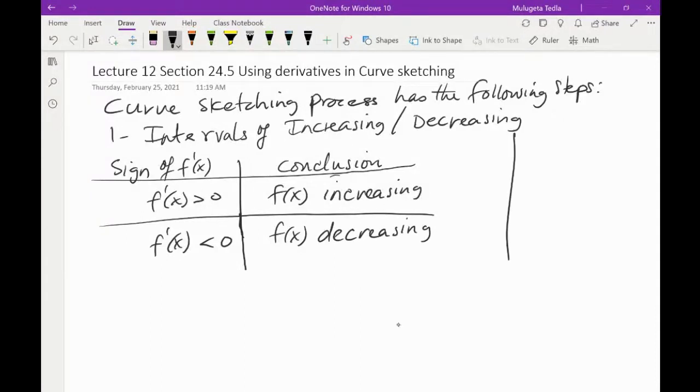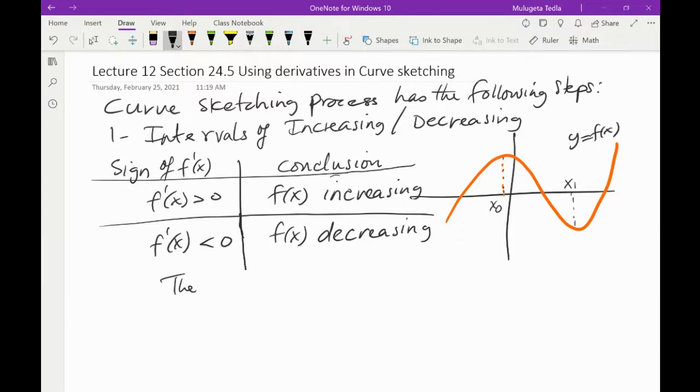An example could be, if you have a graph like that, right? As you can see from this point, let me call this x0, and this x1. This is y equal to f of x.